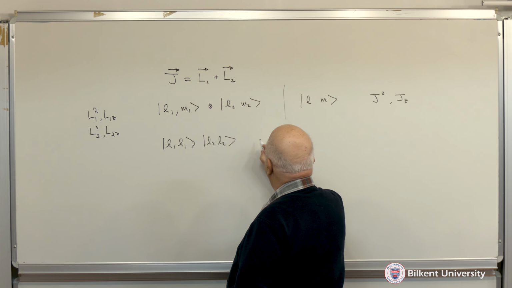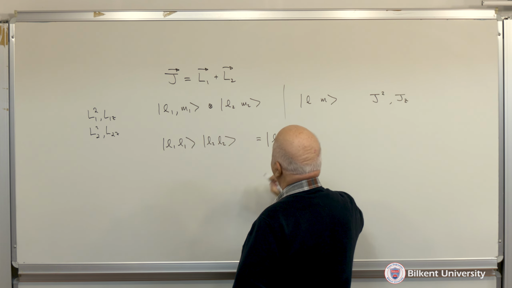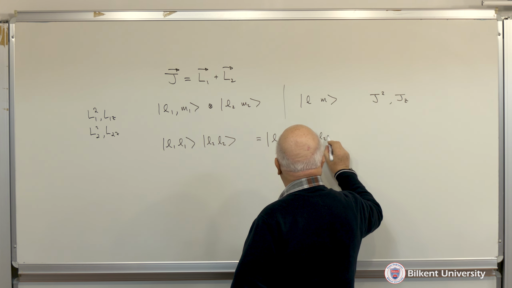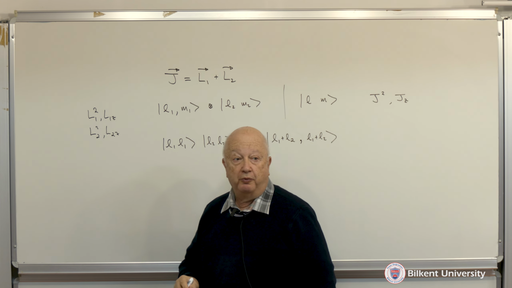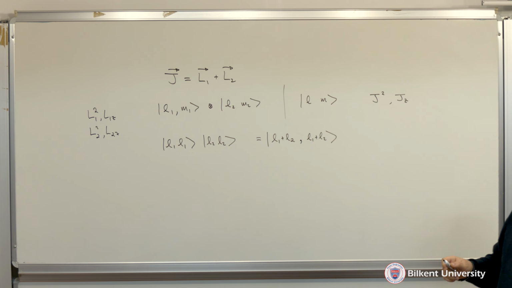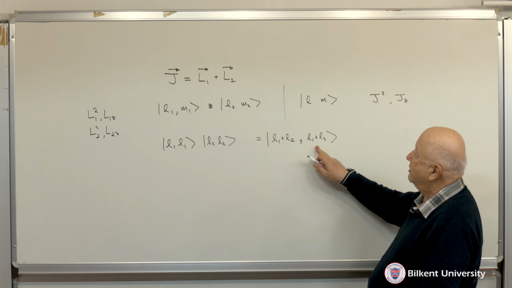And we found out that that corresponded to L1 plus L2 for the total angular momentum value, and L1 plus L2 for the Z component. So that is the case when both of the angular momenta have their maximum values in the Z direction, and that resulted in a state like this.